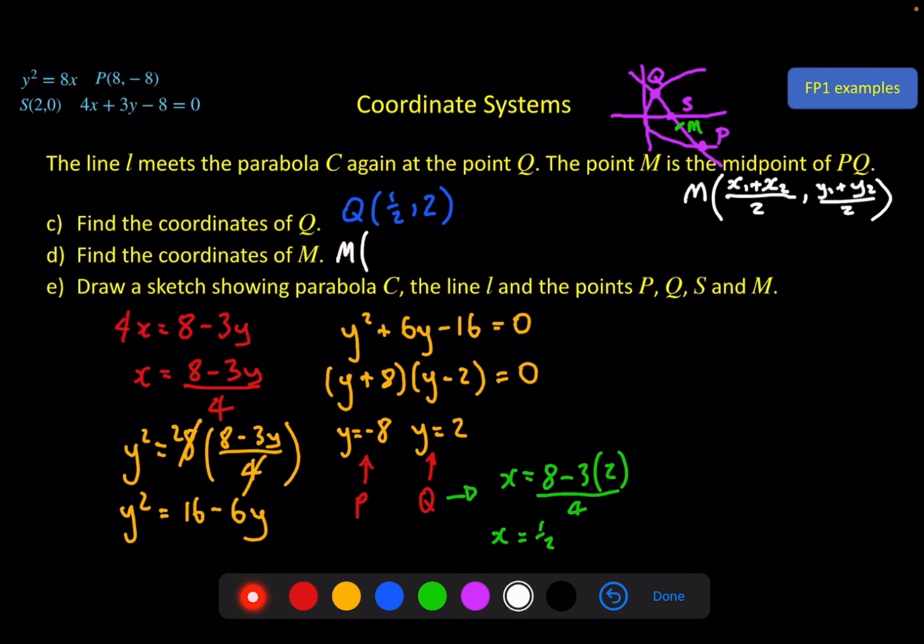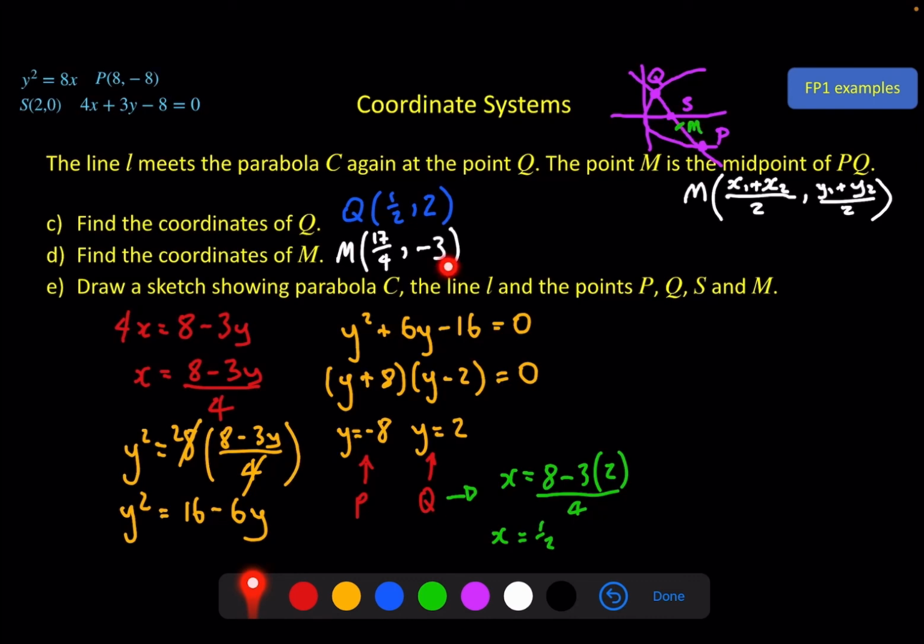M is 8 from here, plus a half, 8.5, or 17 over 2, divided by 2 is 17 over 4. And the y coordinates, minus 8 plus 2 is minus 6, divided by 2 is minus 3. So the M is roughly in the right place here.